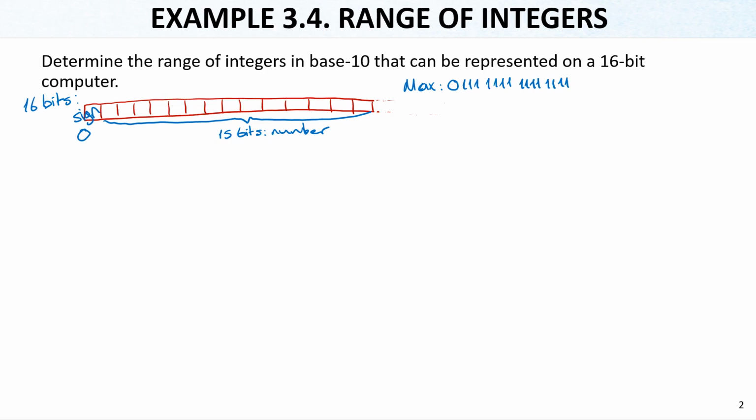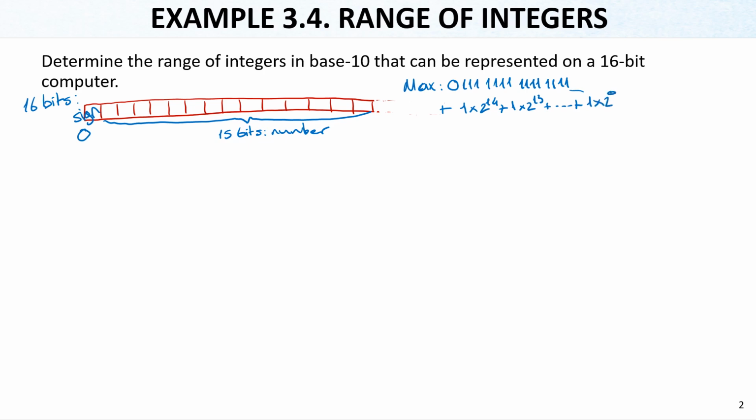If we calculate this, 0 means positive, and 1 times 2 to the power 14, plus 1 times 2 to the power 13, and it goes this way up to 1 times 2 to the power 0.